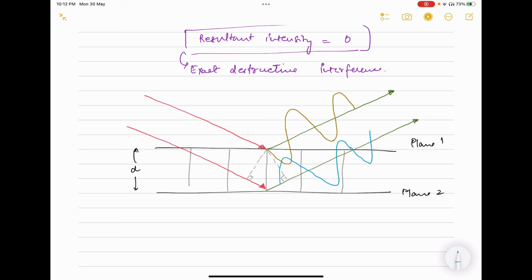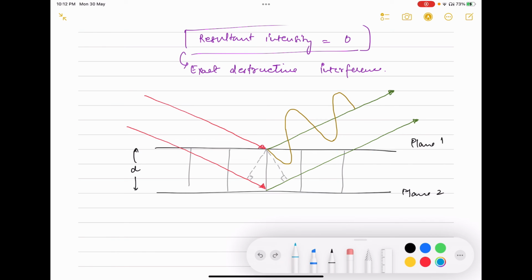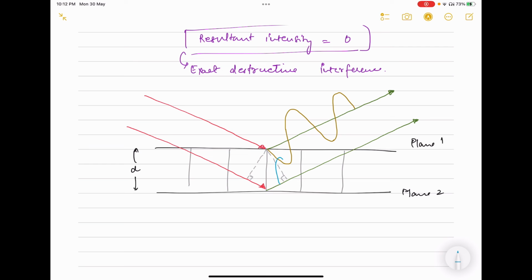So there is a slight shift in the peaks.